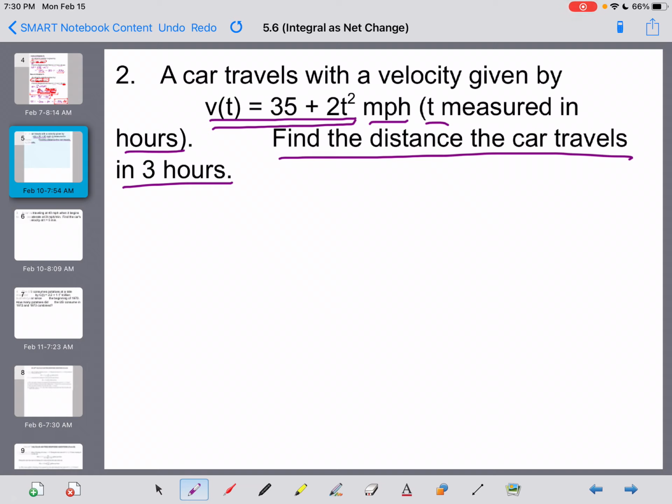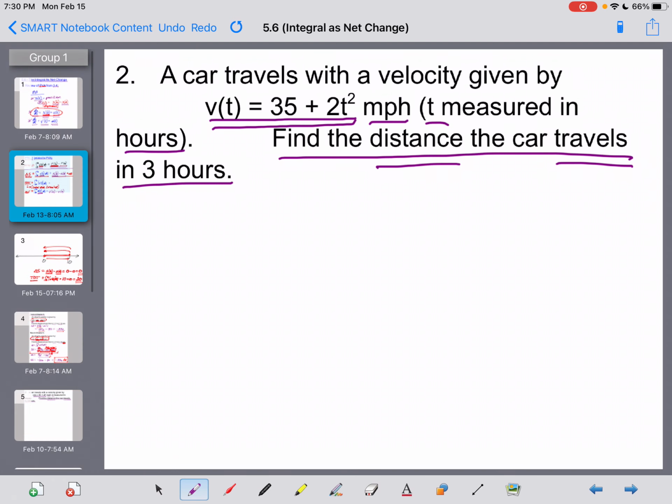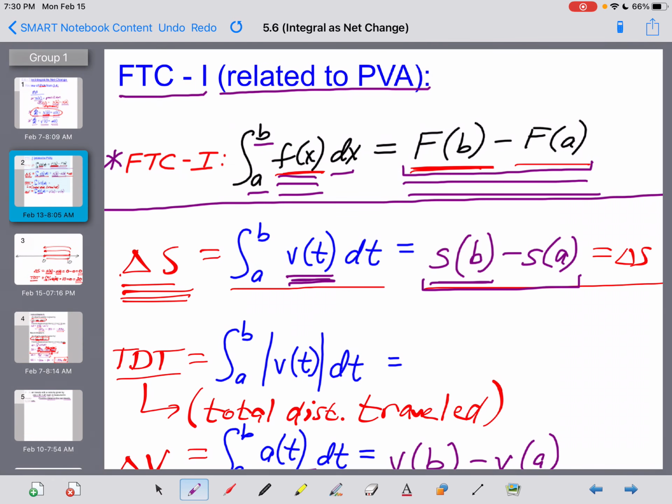So the first thing you want to think about here is, is this a question about displacement, or is it a question about total distance traveled? And the way that I worded it, find the distance that the car travels, it sounds like it's going to be a total distance traveled problem. But if we go back and look at those again, the only difference between this formula right here and this one right here is the absolute value around the velocity integrand.